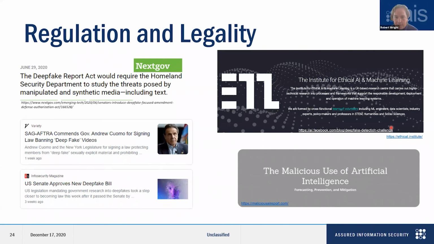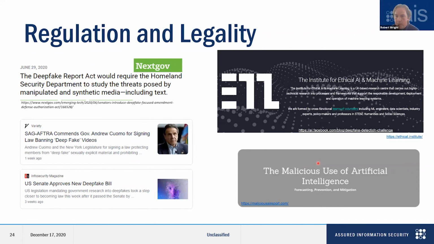Something that Congress was actually able to pass is the Deepfake Report Act, which is increasing regulation and increasing the amount of funding for Homeland Security to invest in trying to address this issue. Just a few weeks ago, even New York State was signing laws on how to regulate or control the use of deepfake technology.